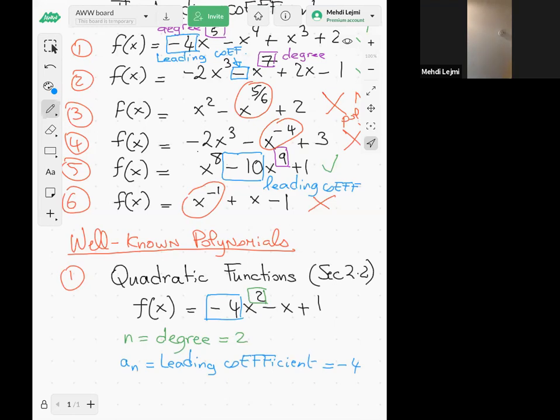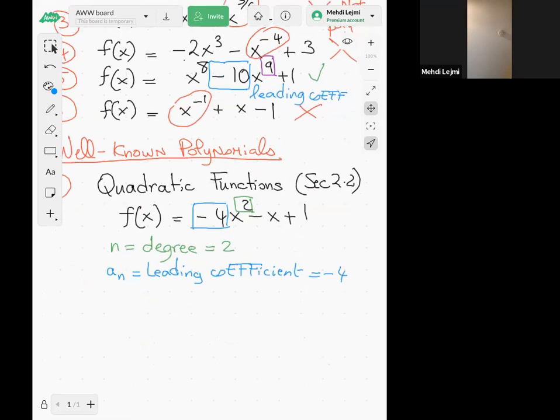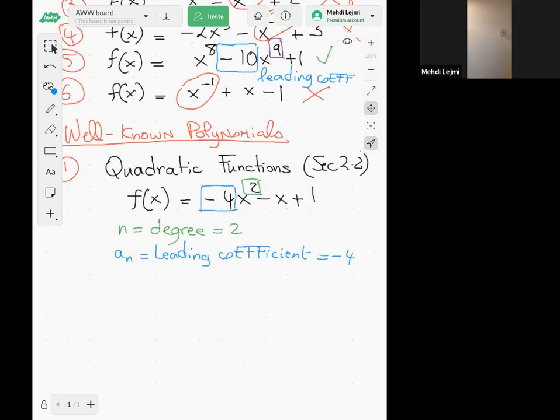Now, of course, the degree n could be equal to 1. So the second well-known example of polynomials would be, let's say, f of x equals 3x minus 4. Here, what would be the highest power of x?